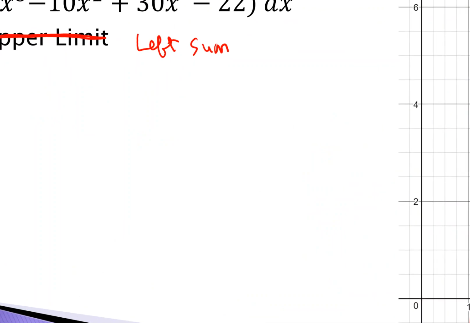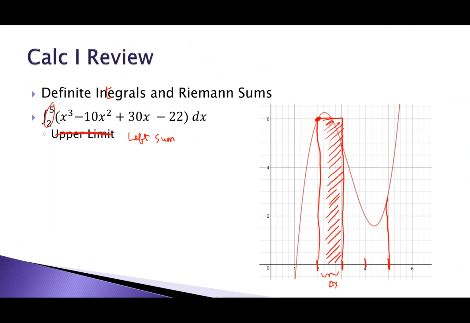And then I do it again with my second rectangle, which I'll make another color. I find out where my left side touches the function, then I go across and down, and there's another rectangle.